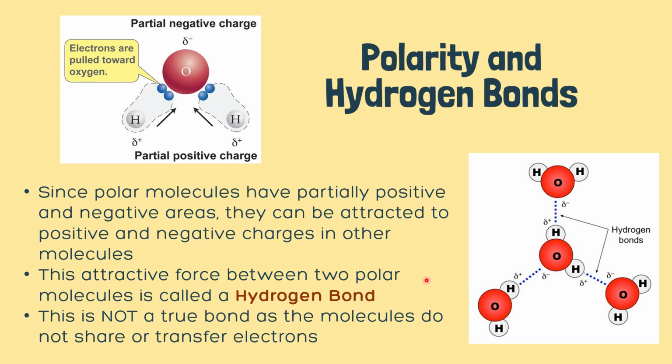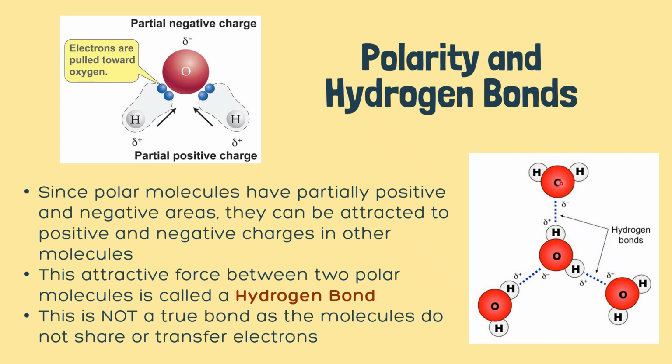These two things are interested in each other, they come together, they attach, but they don't share electrons. They don't chemically bond and chemically react, so they stay the same compound with the same properties. It's not like this molecule and this molecule are sharing electrons and becoming a whole new molecule.